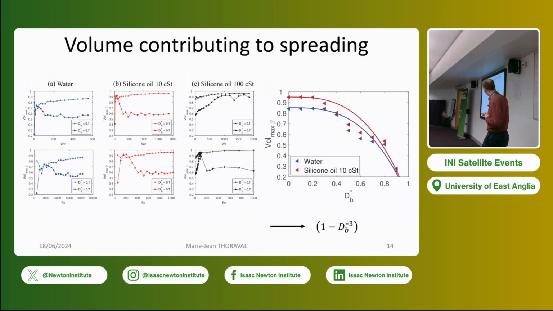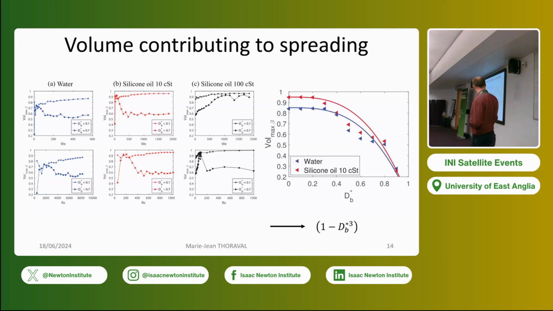And if we do that, we see that there is some different dynamics at lower Weber numbers, but as you reach very high impact velocity, you don't have much dependence anymore. And if we use at high Weber number the volume that is contributing to the spreading as a function of the size of the bubble, we see that this volume is decreasing as the size of the bubble is increasing.